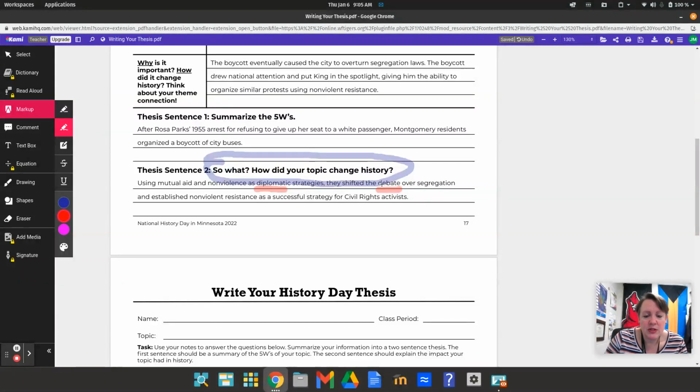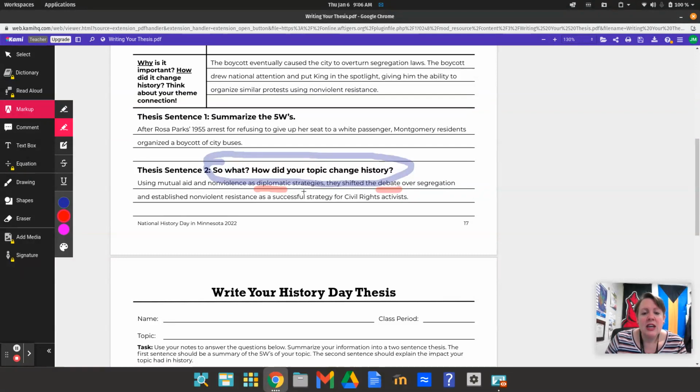So how did your topic change history? It used nonviolence to persuade people in the debate over segregation, and it was successful in destroying segregation laws. So this was pretty huge in history for the United States.